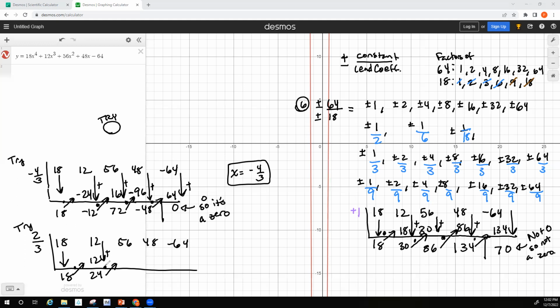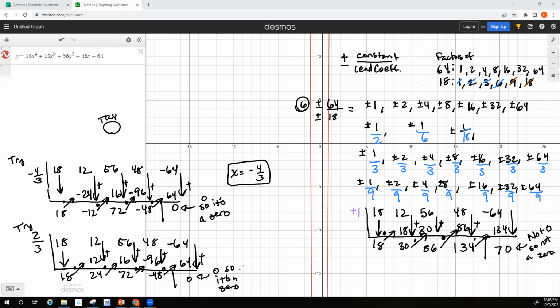Divide by 3, we get 8 times 2 is 16. Add, we're going to get 72 again. And then multiply, we get -96. It's the same as the last one. Add, we get -48 again. And then multiply, we get 64. Add, is 0. So it's a 0.